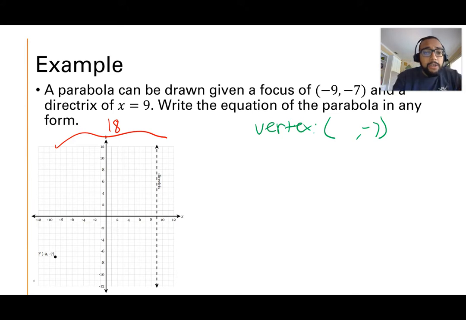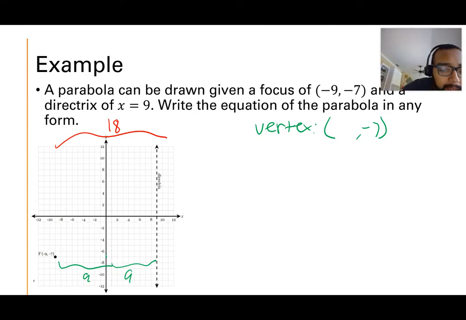So since that is a total distance of 18, that means we need to travel 9 away from the focus or 9 away from the directrix. Either way, it needs to be in the middle. In this case, this isn't too bad because it's at -9. And so if I add 9, that means it must be at 0. So the vertex is at that point 0, -7.